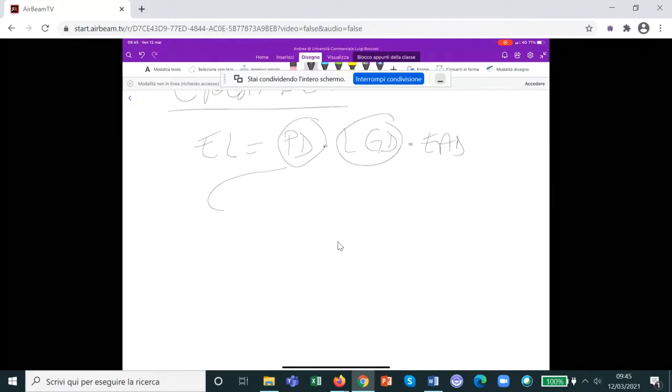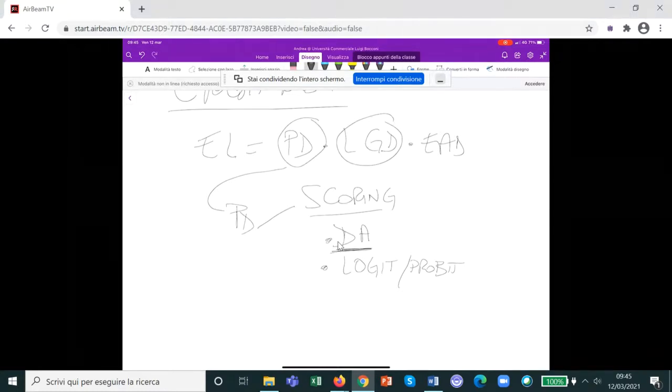When we address the PD, we'll look at two main types of models. First of all, we'll be discussing scoring models, such as discriminant analysis or logit and probit models. Discriminant analysis is a particular technique that, as the name says, tries to discriminate between good and bad borrowers.